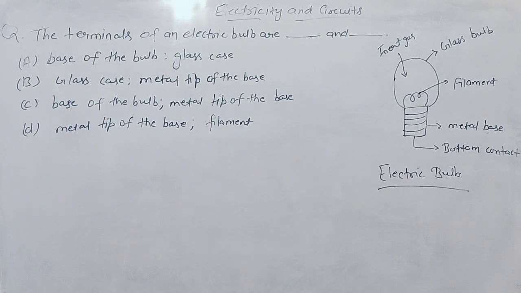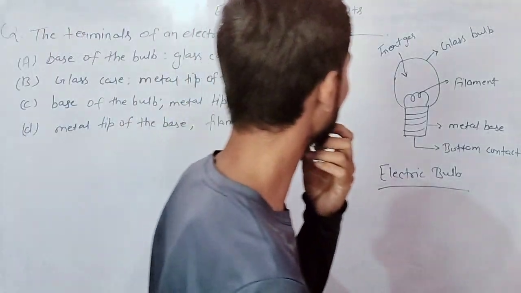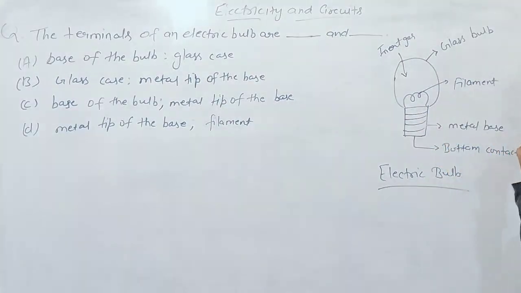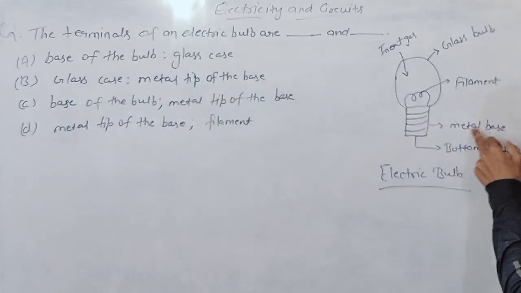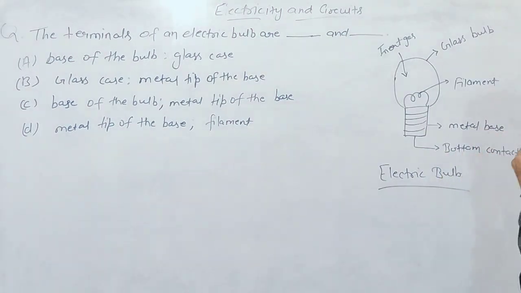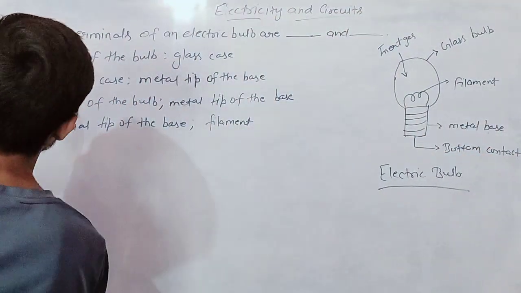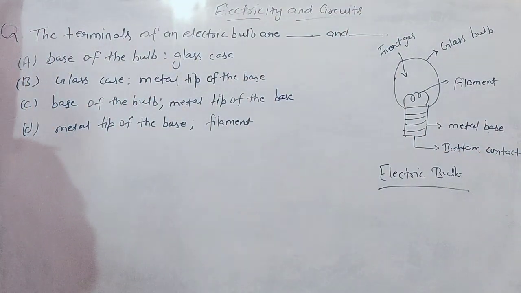We have a discussion. What is it saying? The terminals of an electric bulb, not an electric cell. This is one terminal, this is the second. One is at the base, and the second is at the bottom contact of this electric bulb. So the terminals of an electric bulb are where?